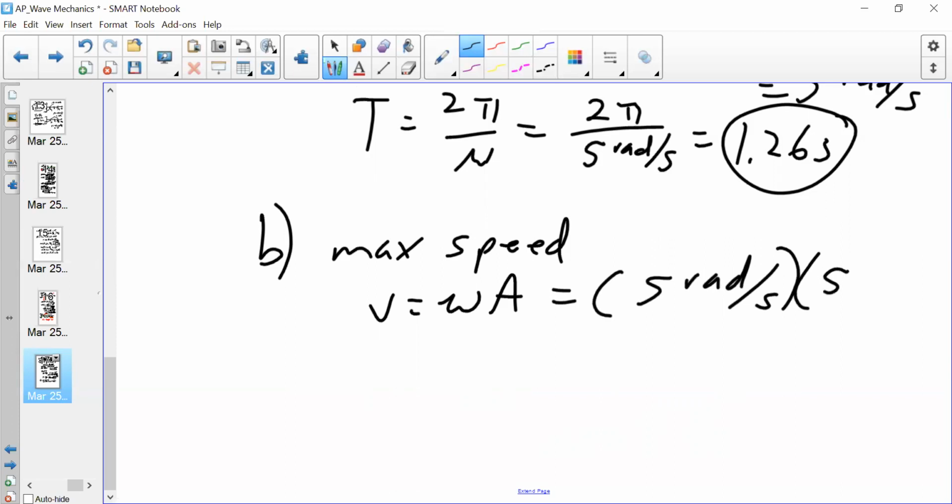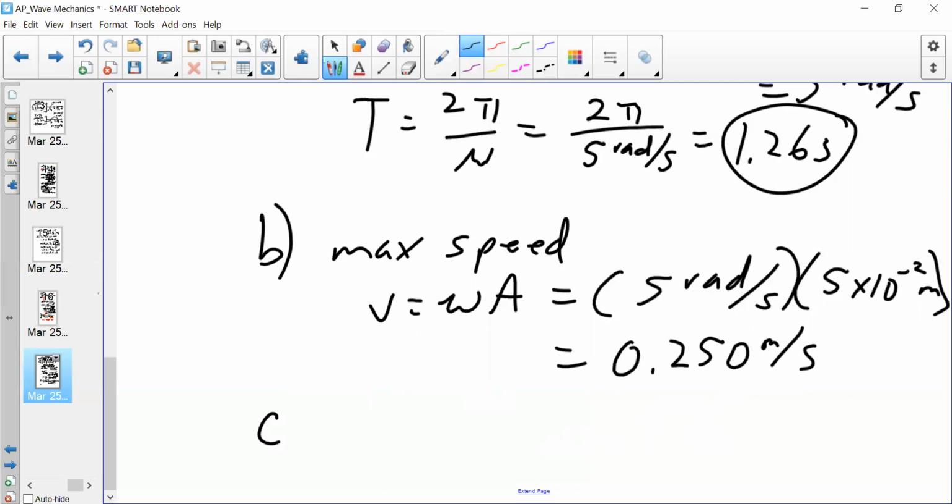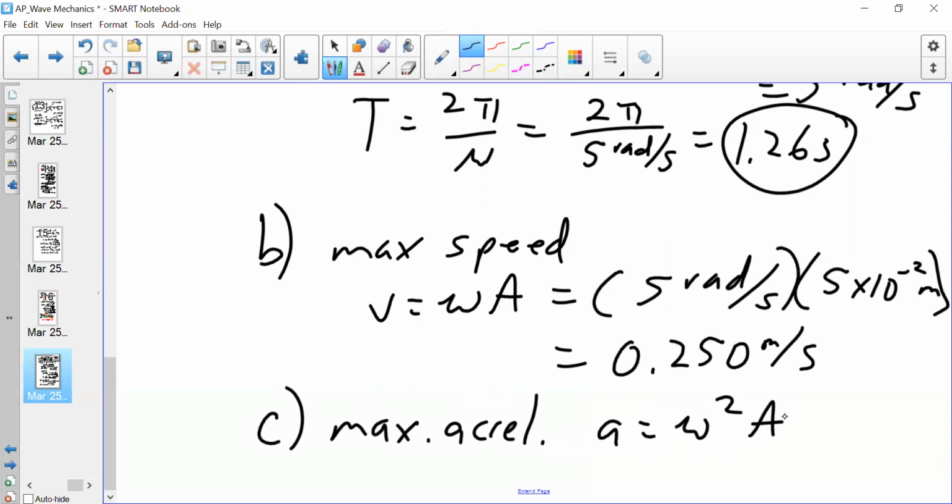So we have the angular frequency, and the amplitude is 5 centimeters. That gives 0.250 meters per second. That is omega A. So that's for maximum speed.